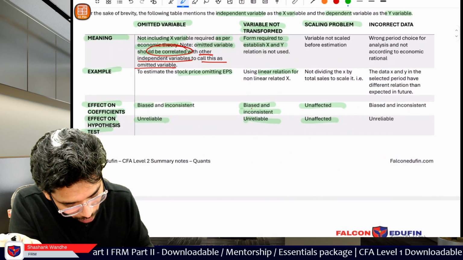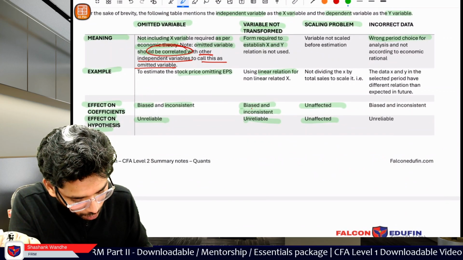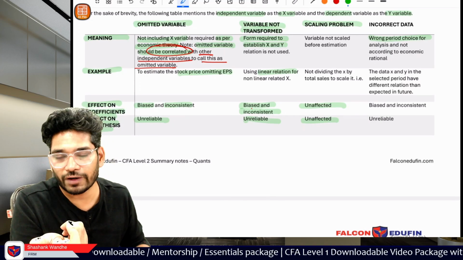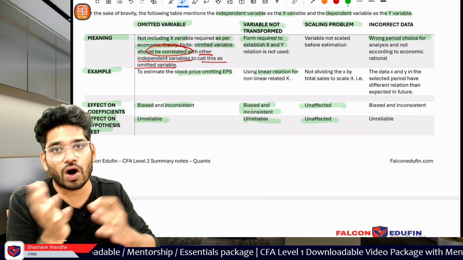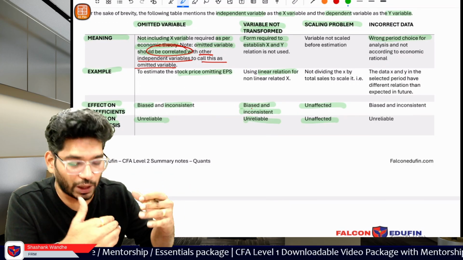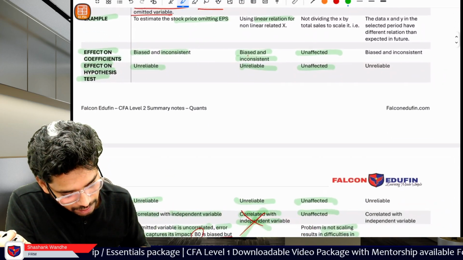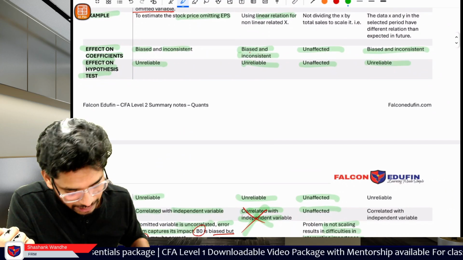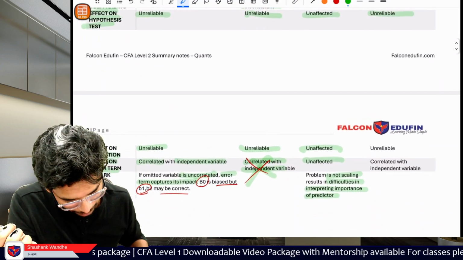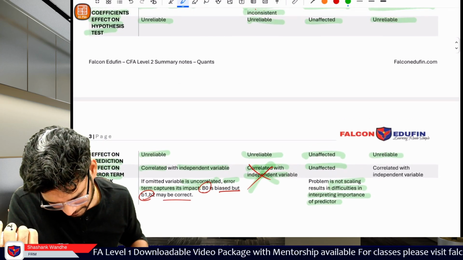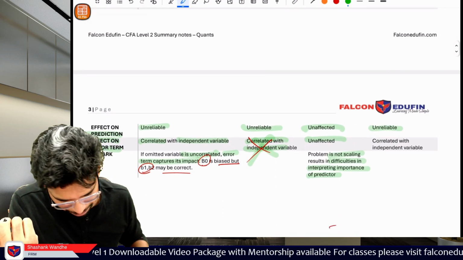Then you are using the wrong or incorrect data. You are using the wrong period, okay? And wrong period, simply as we discussed, means you are using different regimes for the forecast which are not related to the required period's data. Okay, so in this particular case, again, you will have biased and inconsistent coefficients, unreliable hypothesis, unreliable prediction.